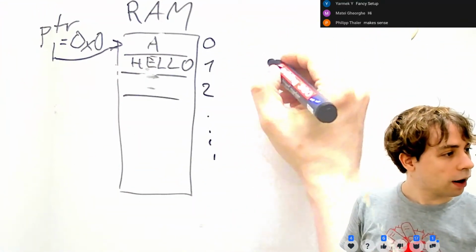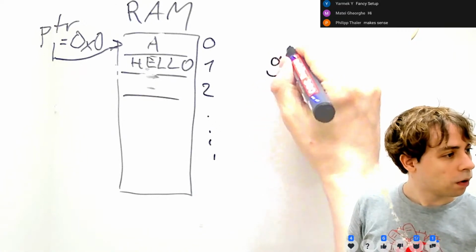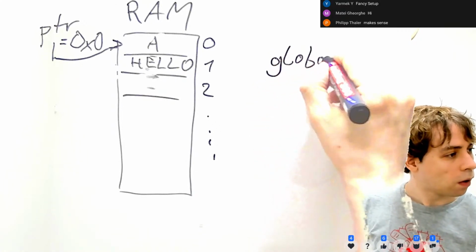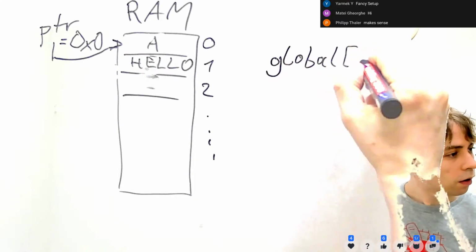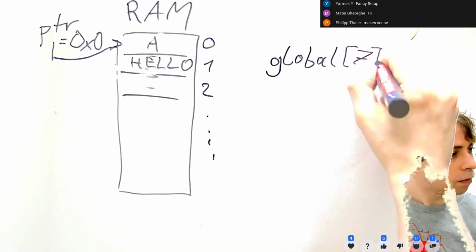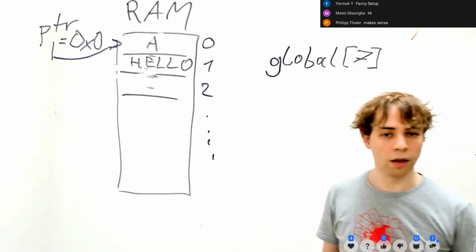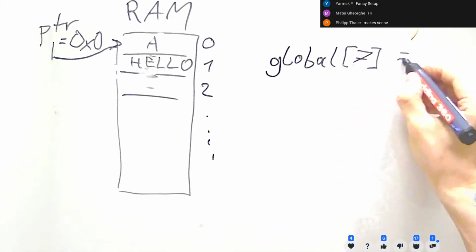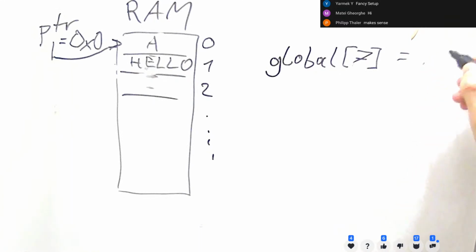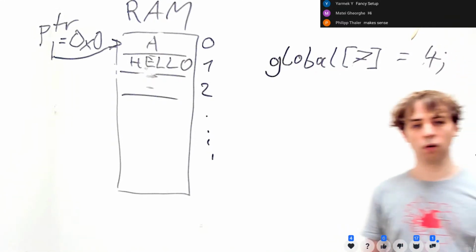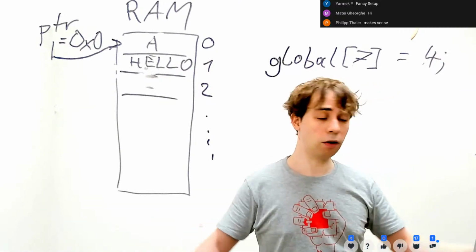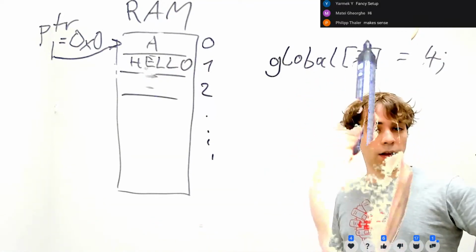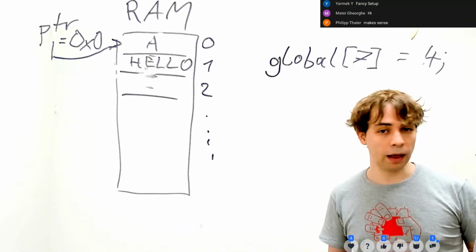I will now access global at offset 7. Global at offset 7 equals, let's say, again, we write 4 to this location. Because why not? We just write a value there. So this is offset 7 in this global array.